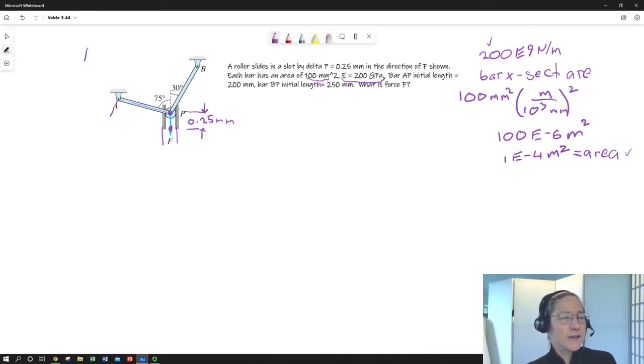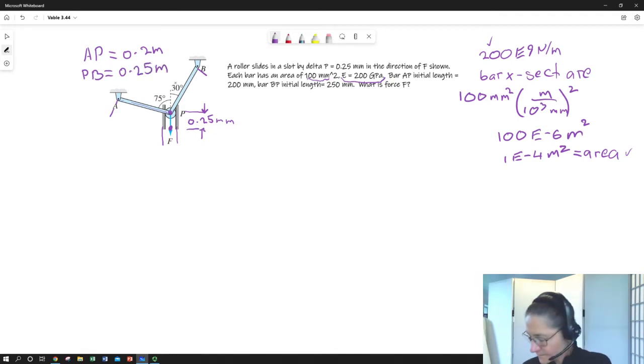So AP length is originally 200 millimeters, or 0.2 meters, and P to B is originally 0.25 meters. Okay, so we need to relate what we know about the bars.